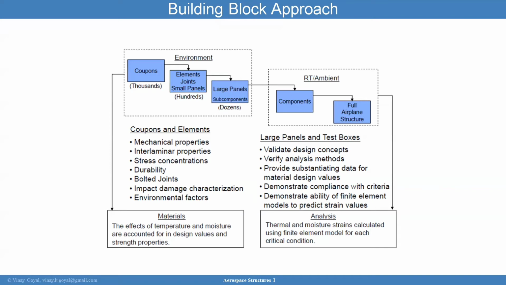Again, we want to make sure that as we go up from the coupon level testing to the full scale test, that we're gaining confidence in the modeling, that we're gaining confidence in the allowables, that we've covered all the durability aspects, all the impact damage characterization aspects. So when I step into this full scale launch vehicle or aircraft test, I have the ultimate confidence it will succeed.